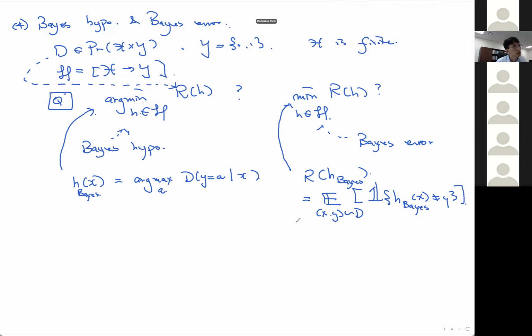But this expectation over the distribution can be described as the marginal distribution on X and the conditional distribution on Y. So if you refactor it in this way, we are thinking about the marginal distribution on X, and for each X component, we are thinking about Y sampled from the conditional distribution.